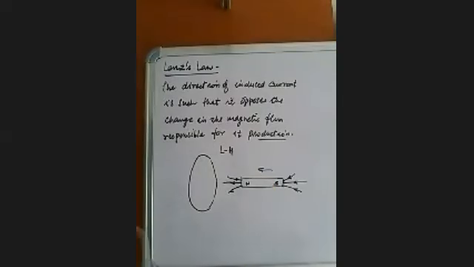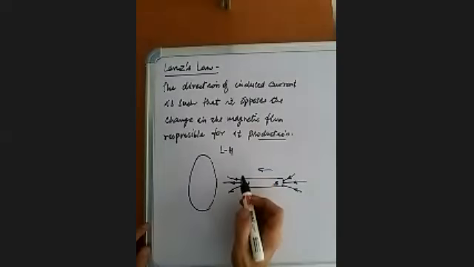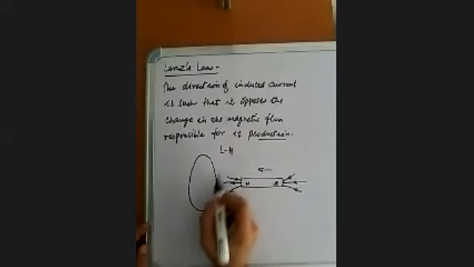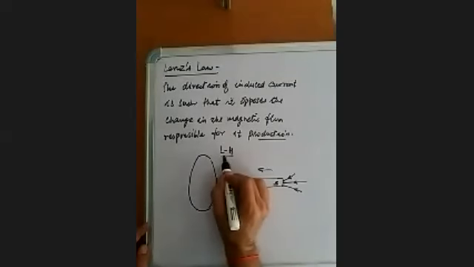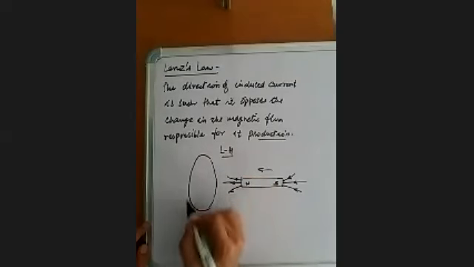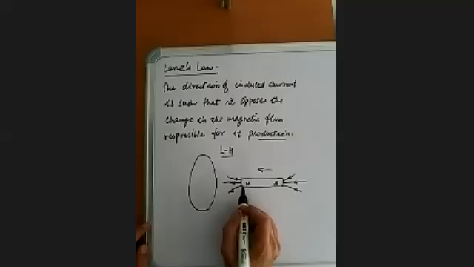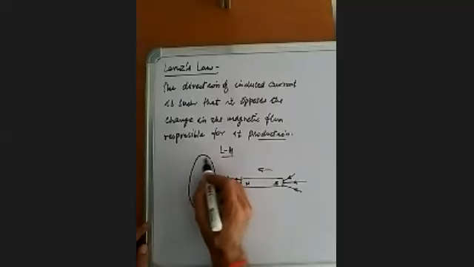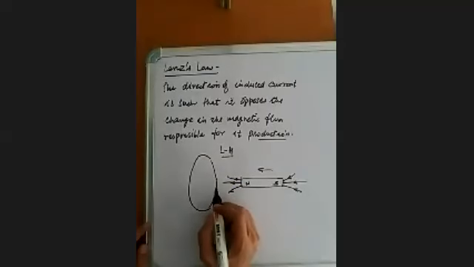So the change is from low to high. But the coil, due to inertia, would not like that change. So that is why it produces its own magnetic field, which is opposite to this change, so that the magnetic flux linked with the coil remains the same. So we will oppose this change.